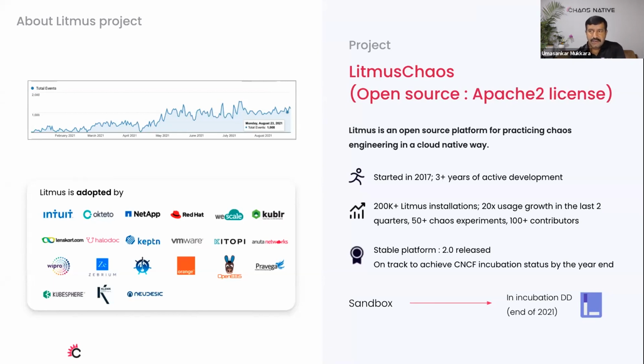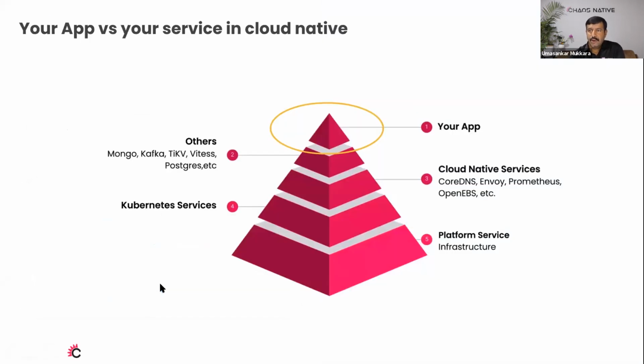You can really use it to improve your cloud native reliability. That's chaos engineering. So why do you need to care about chaos engineering? The app that you now write is mostly microservices based, and there is limited visibility on where it is going to be running.